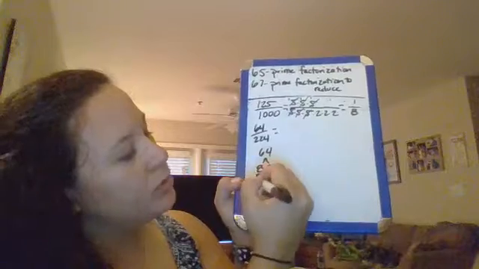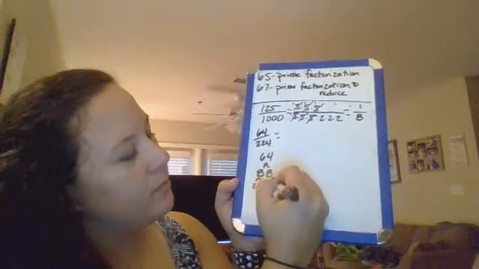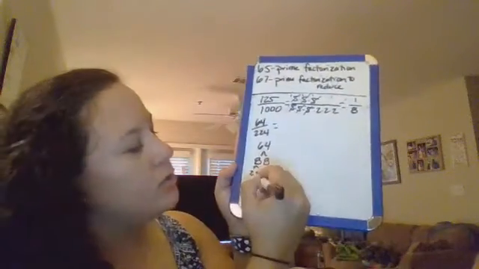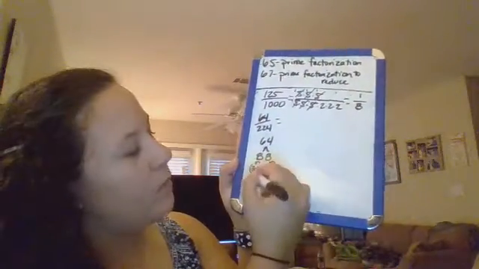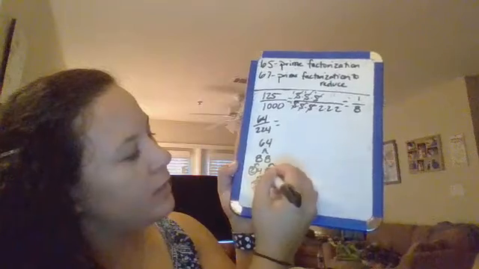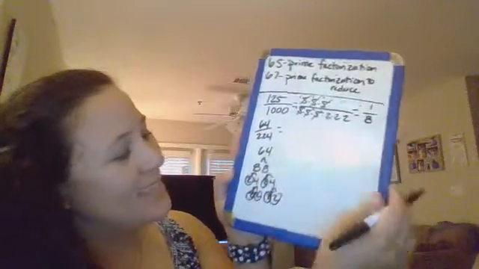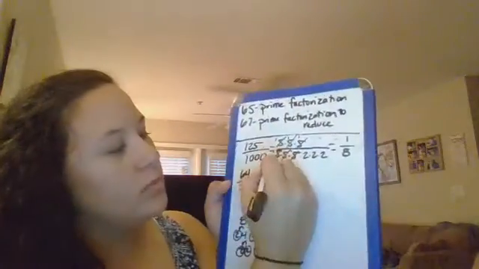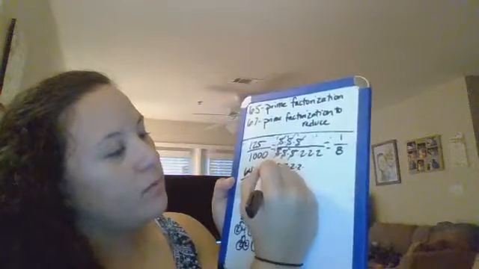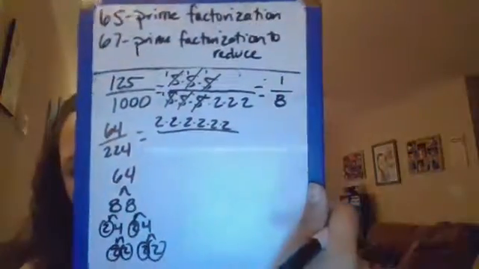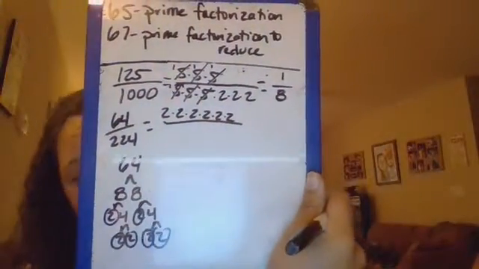And then 2 times 4 is 8 for both of them. And then 2 times 2 is 4 on both of them. So then we have 1, 2, 3, 4, 5, 6 2s on 64. So that's the prime factorization for 64.